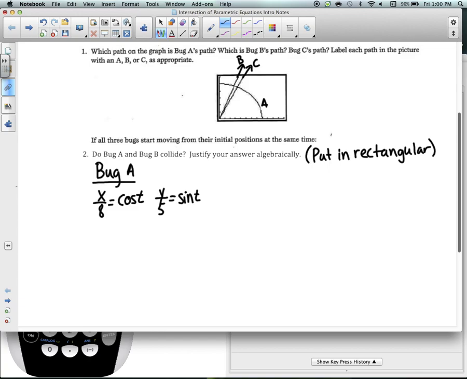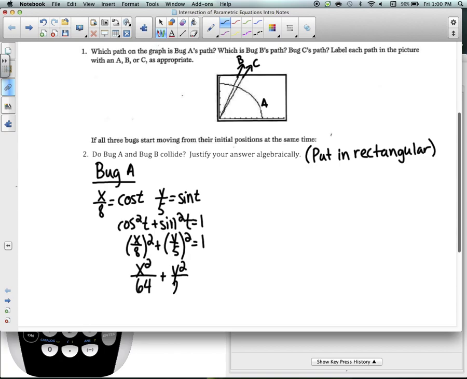So remember, for this one, cosine squared plus sine squared is 1. And that's our first rectangular equation.